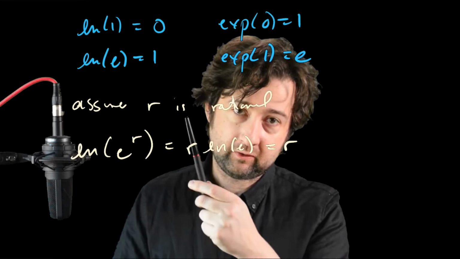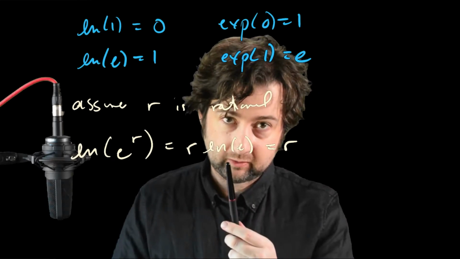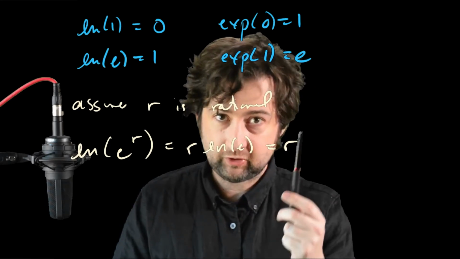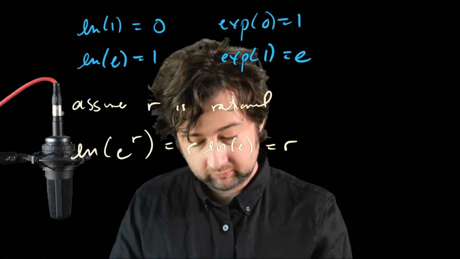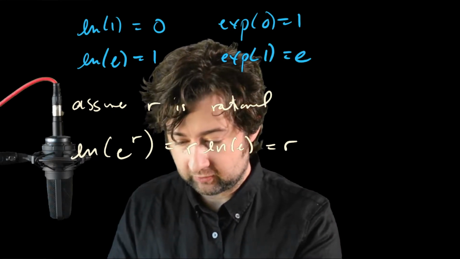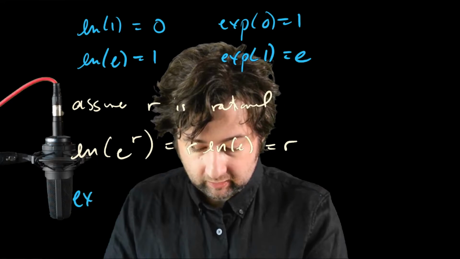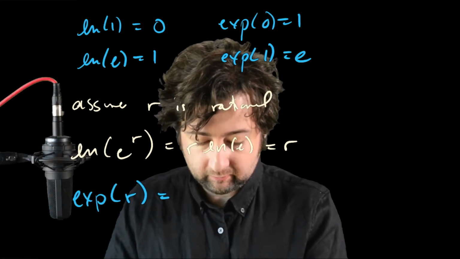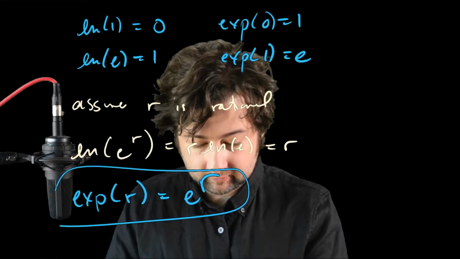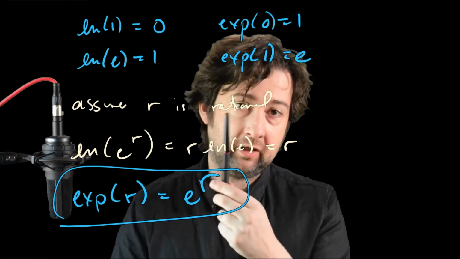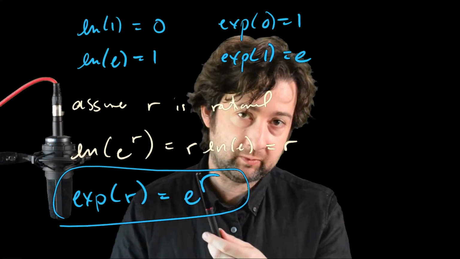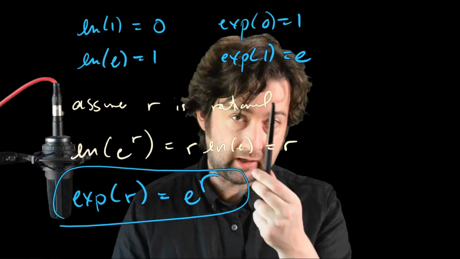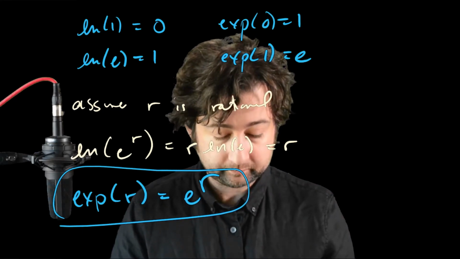So the natural log of e to the r is r natural log of e, which is just r. Well, that means the inverse relationship says that exp of r must be e to the r. The inverse of the natural log, at least when you take powers that are rational numbers, is e to the x, or e to the r.